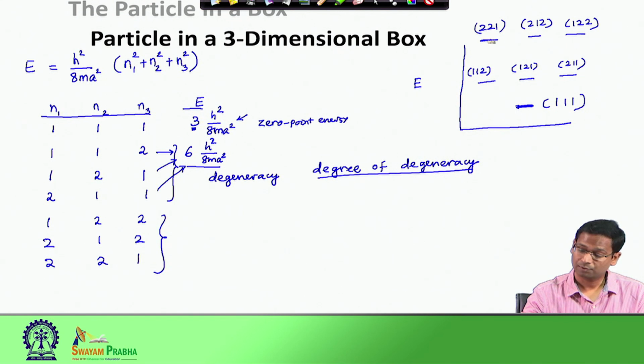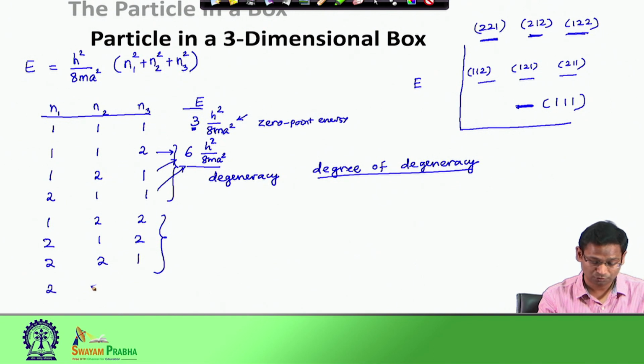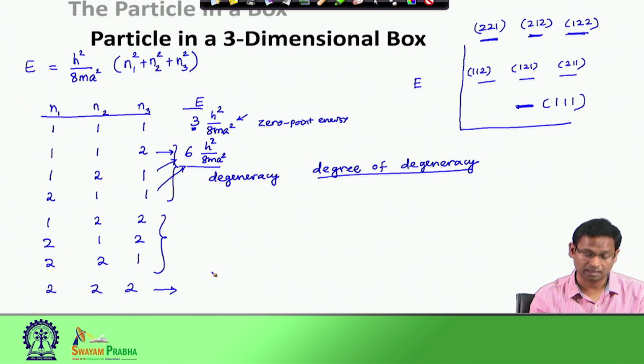Again, why are they 3-fold degenerate? Because there exist 3 different eigenfunctions that have the same eigenvalues. The next eigenvalue would be 2 2 2, and you can always find this will be 2 square plus 2 square plus 2 square, so 12 h square by 8 m a square, and this will be again a 1-fold non-degenerate solution.